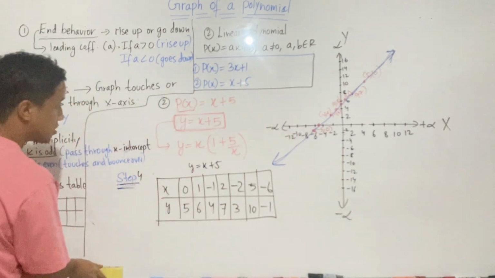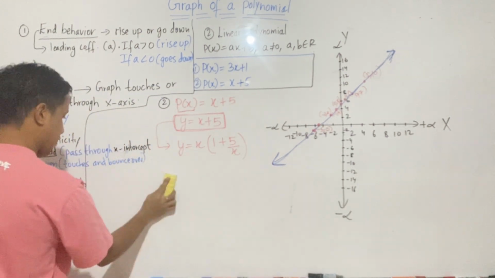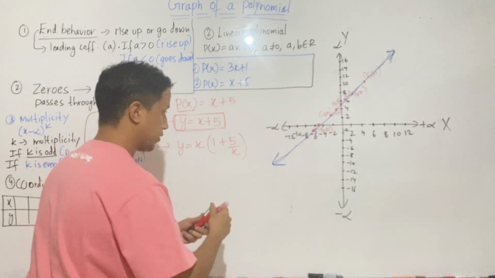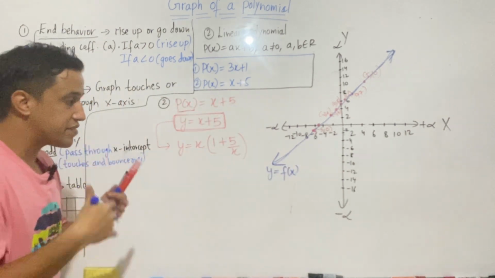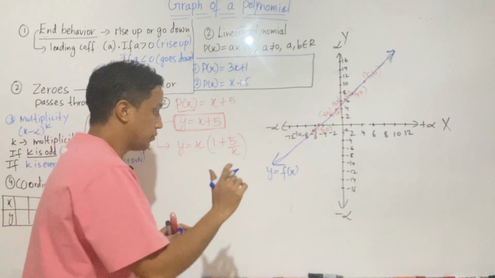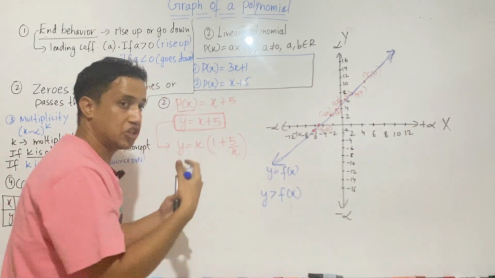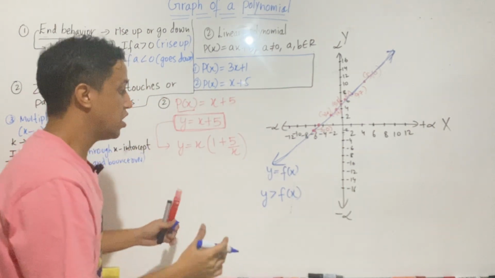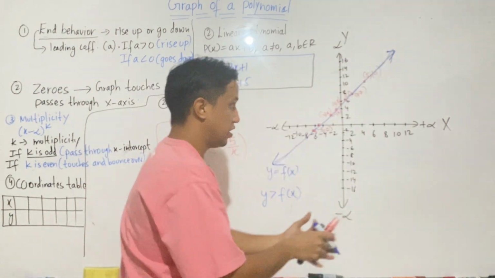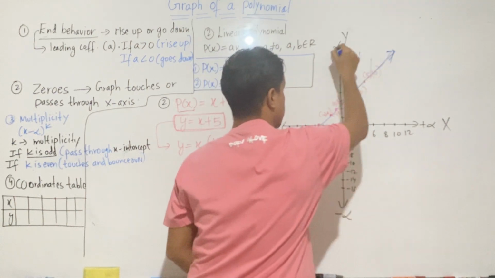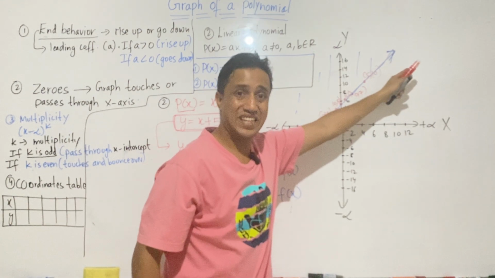Now, see here, this is the curve for y equal to f(x), right? If someone asks you y greater than f(x), show us the region, right? Y greater than f(x) means this region, but curve not included.